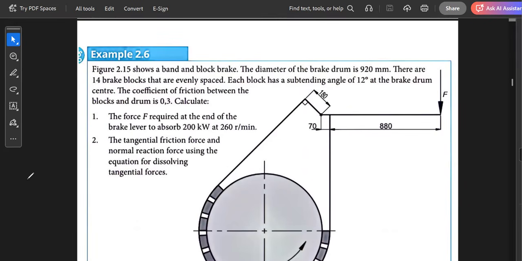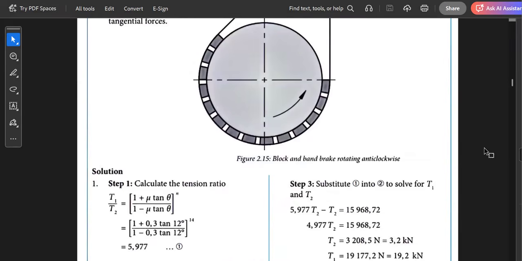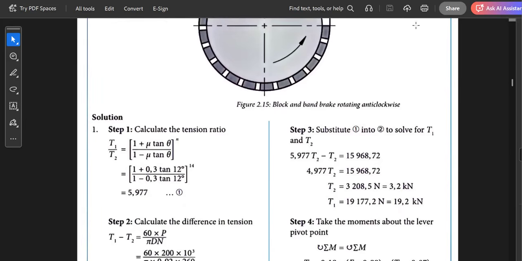But if we check down here, where the half angle is used, because this theta represents the half angle, they are using 12 instead of 12 divided by 2, which is 6 degrees.